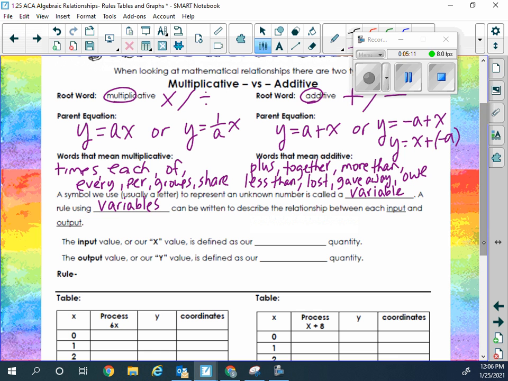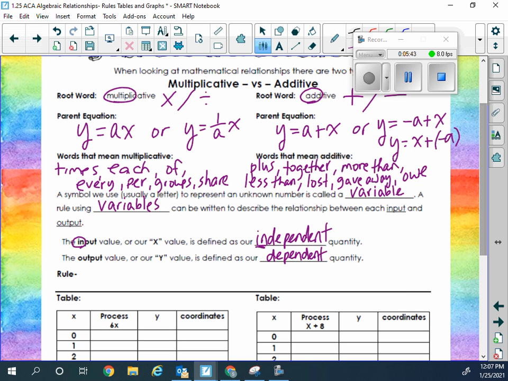Remember, that was always our x. Input, circle that prefix. Input is always going to be our independent, is the word I was looking for. And that's a clue. That prefix input, independent, we're putting it in. Versus our output would be our dependent.